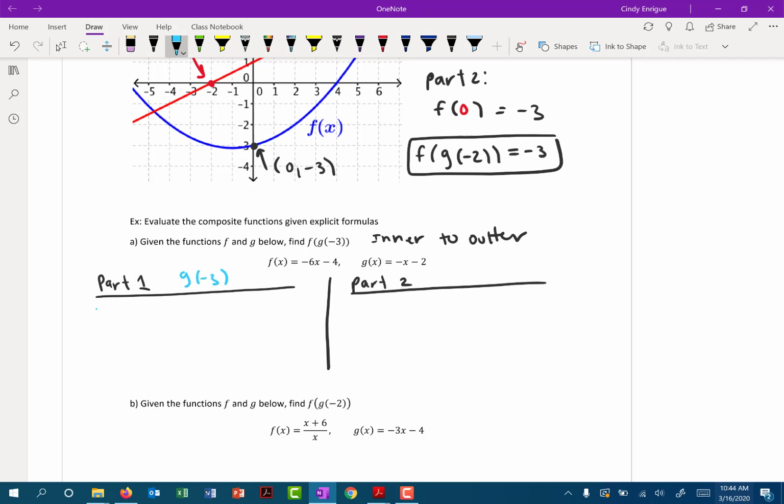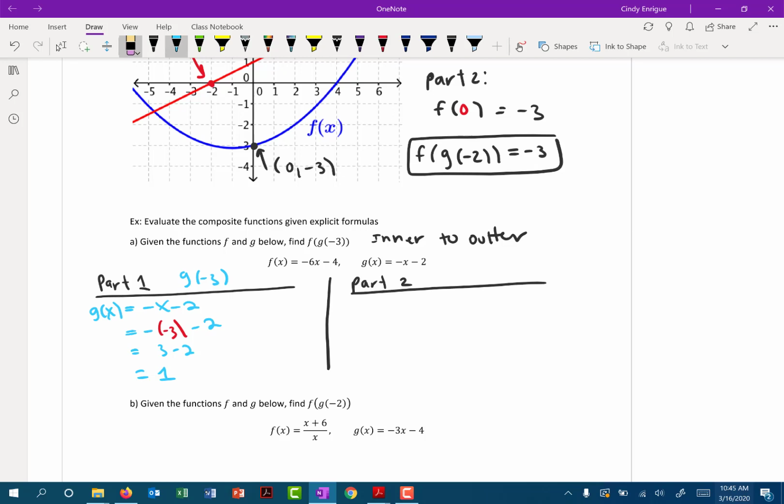So if I have g of x is equal to negative x minus 2, and that value that I'm plugging in is negative 3, then this is 3 minus 2, which is equal to a positive 1. So my g value is going to be a positive 1.